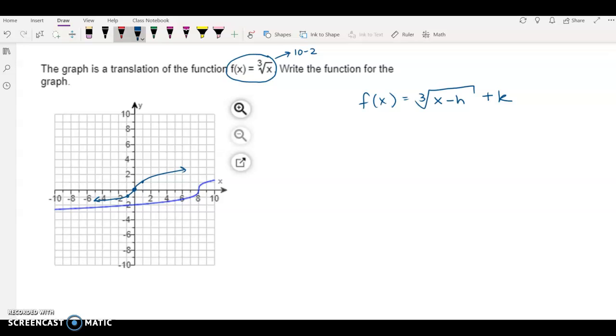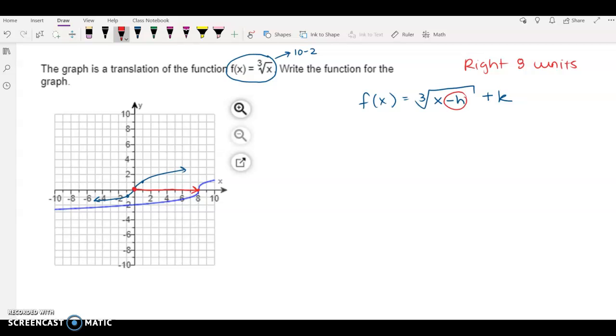So what we need to do is figure out what happened to this graph. Well, if the center of our graph is normally at 0, 0, this graph got moved what looks like to the right 8 units. So it's going right 8 units. So we have to think about which variable is representing right.